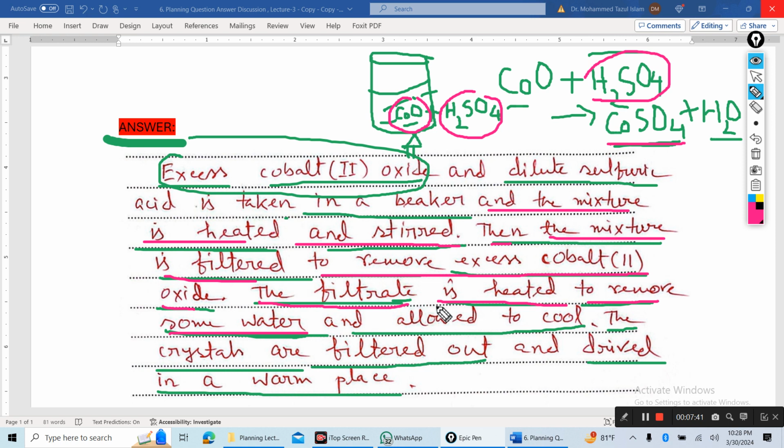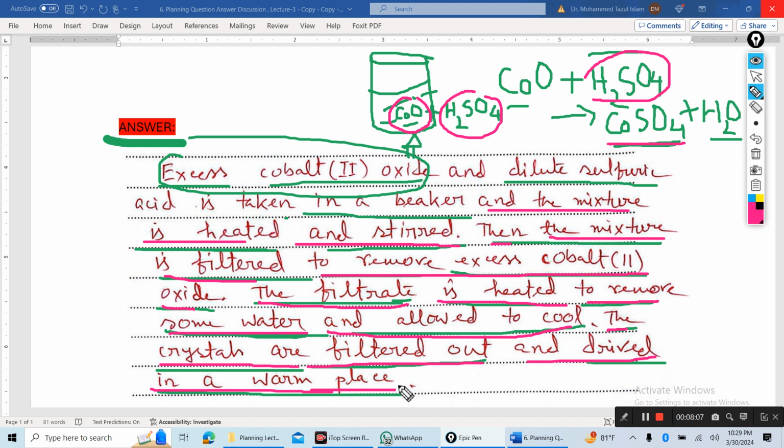The crystallization point is the point at which crystals start to form. It is allowed to cool. The crystals are filtered off and dried in a warm place.